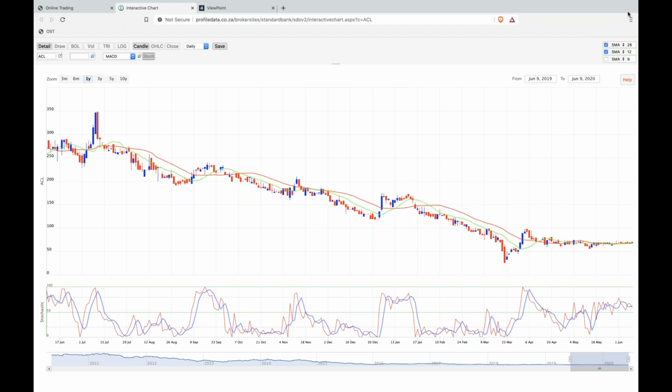What you can do is set up a chart in terms of, there we go, the DMI, which is basically an ADX, stochastic, MFI, which is money flow index, rate of change, and then relative strength index, and of course the MACD. You can also, up on the top right over here, change your moving averages. You can have 3. You've got simple, exponential, and weighted. You can choose which 3 you want and the period that you want it for.